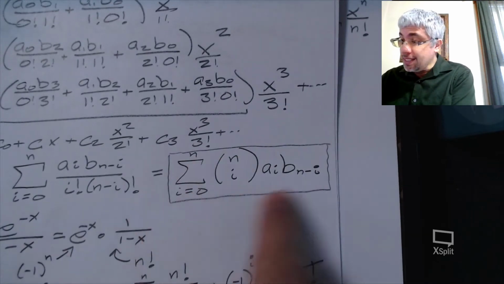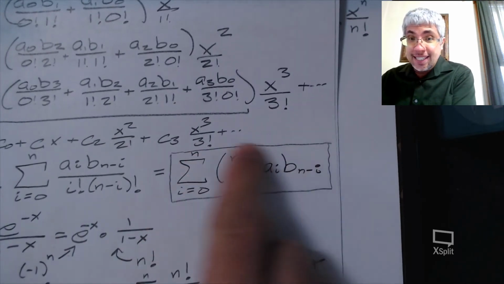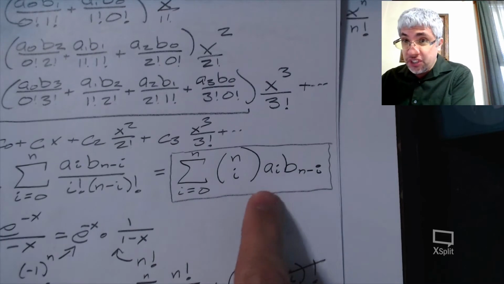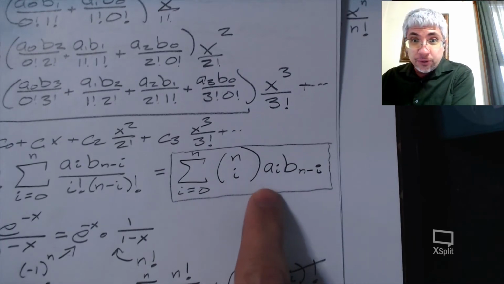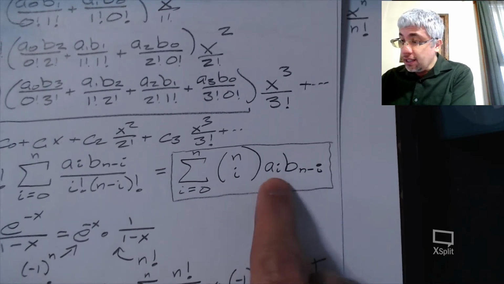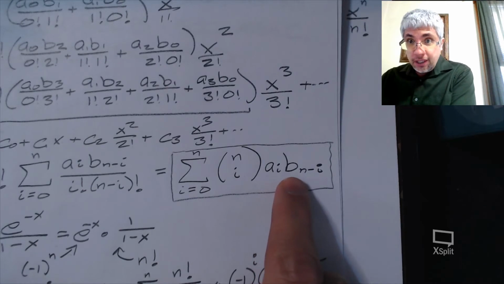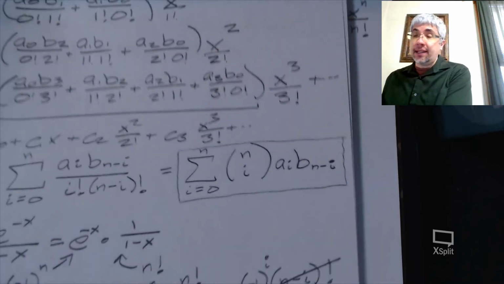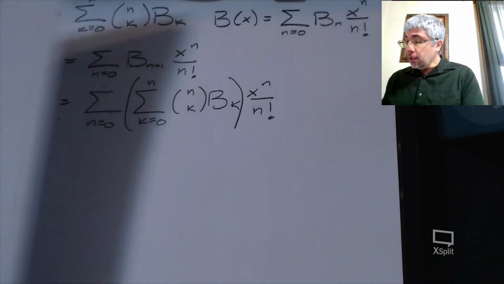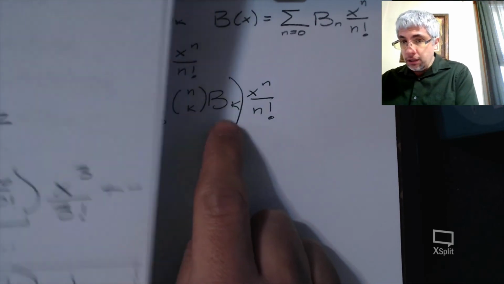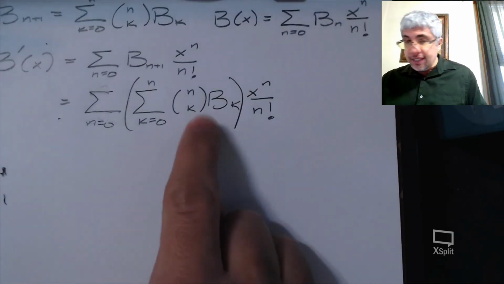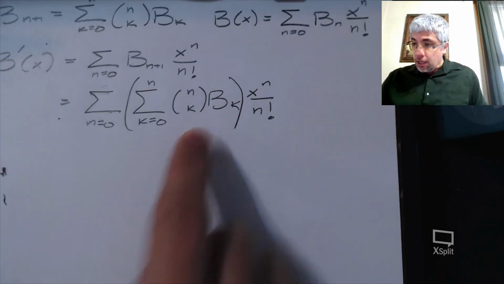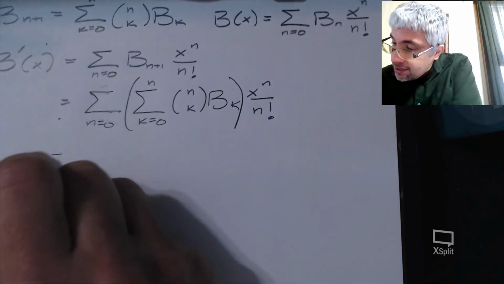So if we see something that looks like this inside the coefficients, for the coefficient of x to the n over n factorial, this is the product of two exponential generating functions, one with the coefficients a sub n, and one with the coefficients b sub n. So what do I have here? Well, I have this exact thing. These are my coefficients.